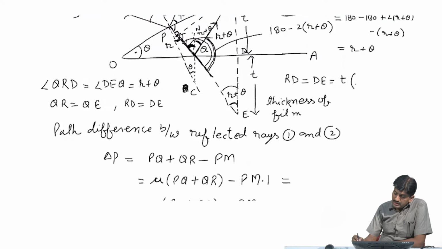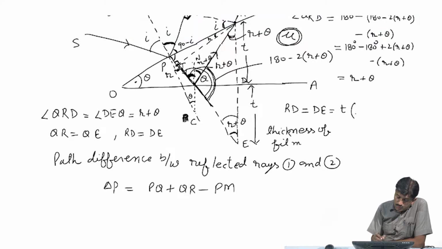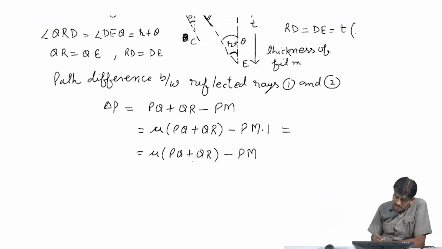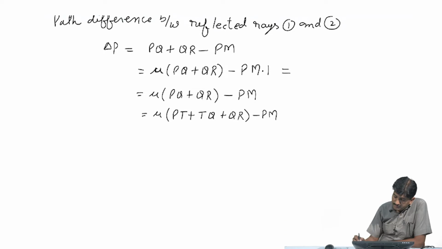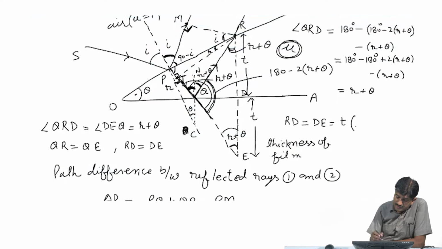In this diagram, suppose this point is T, so PQ we can write as PT plus TQ, so mu into PT plus TQ plus QR minus PM.